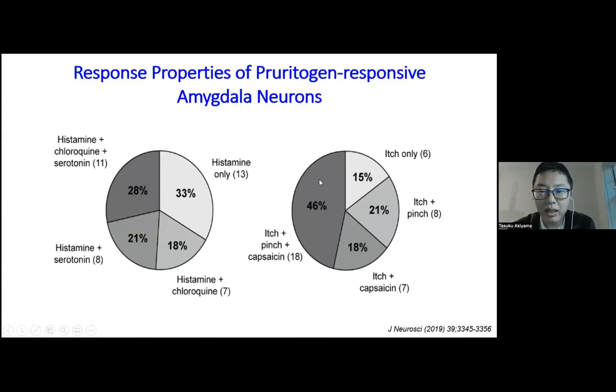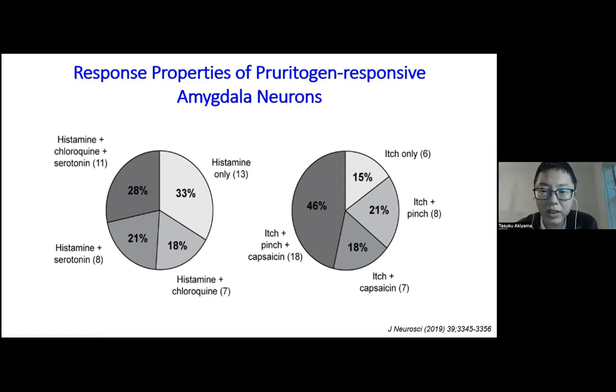And then the right pie chart shows whether each itch responsive neuron also responds to painful stimuli. So we use the pinch to induce mechanical pain, and then we also use the capsaicin to evoke chemical pain.